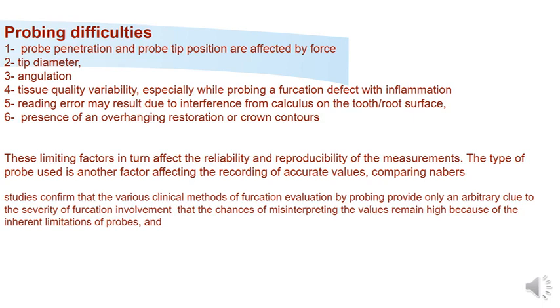The type of probe used is another factor affecting the recording of accurate values, comparing to Nabers, that we are going to discuss in the next slides. Studies confirm that the various clinical methods of furcation evaluation by probing provide only an arbitrary clue to the severity of furcation involvement, and that the chances of misinterpreting the values remain high because of the inherent limitation of the probes we already discussed.